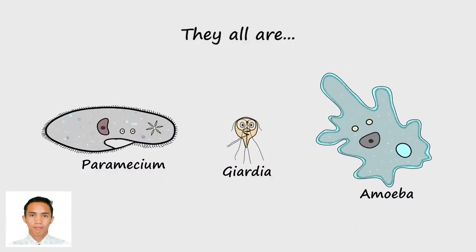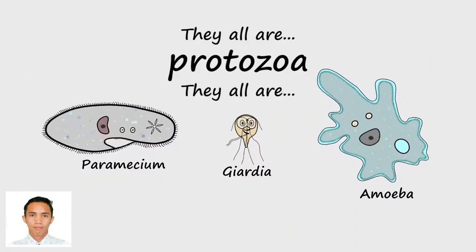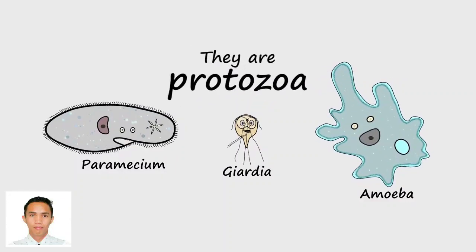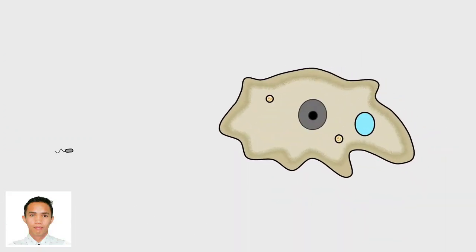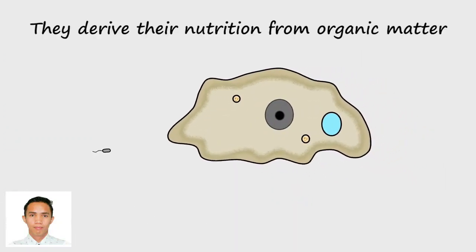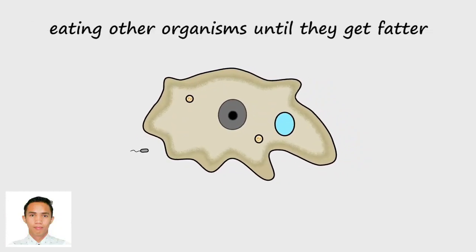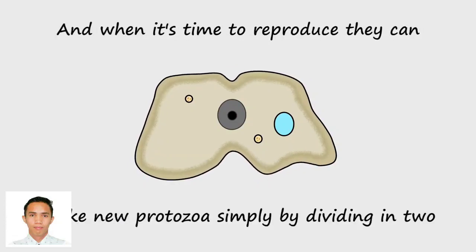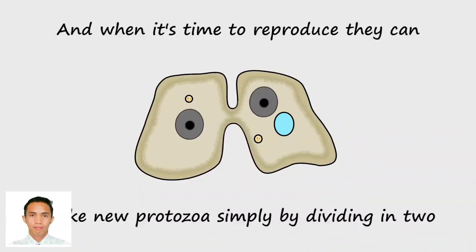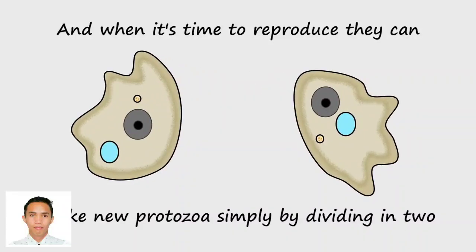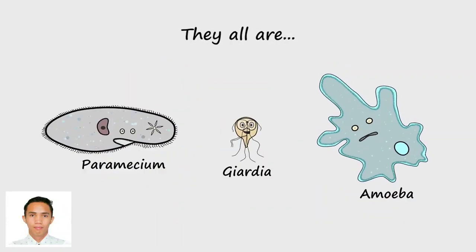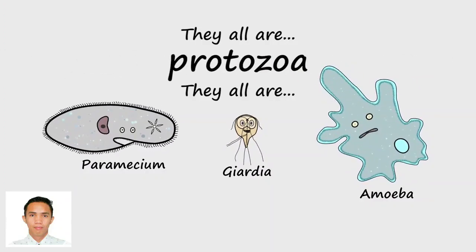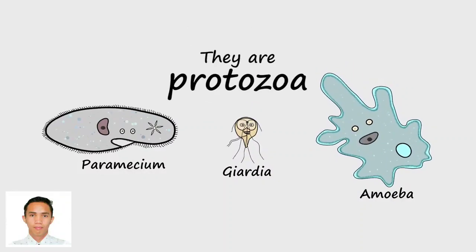They derive their nutrition from organic matter, eating other organisms until they get fatter. And when it's time to reproduce, they can make new protozoa simply by dividing in two. They all are protozoa.